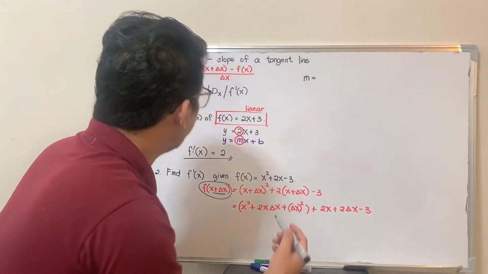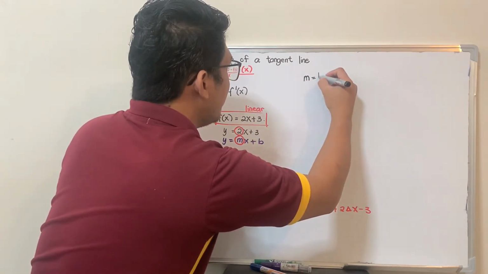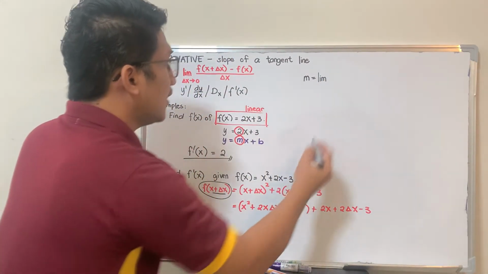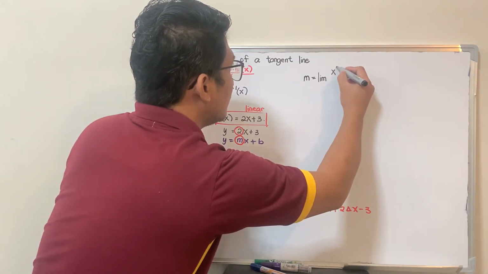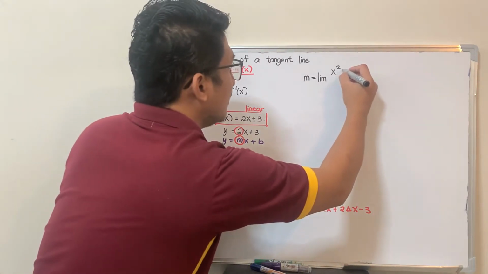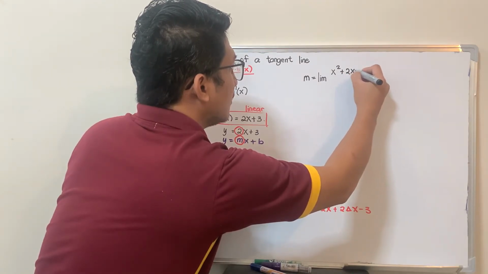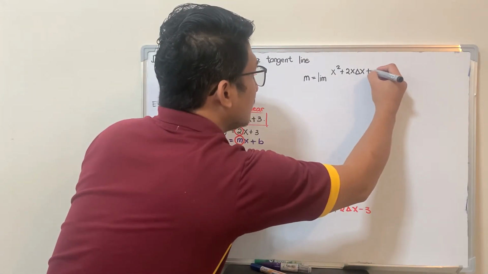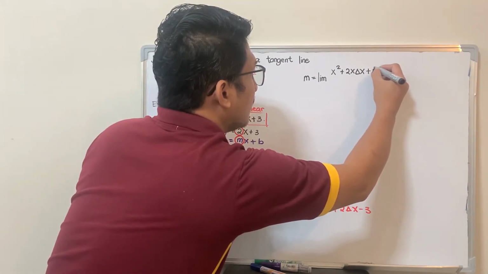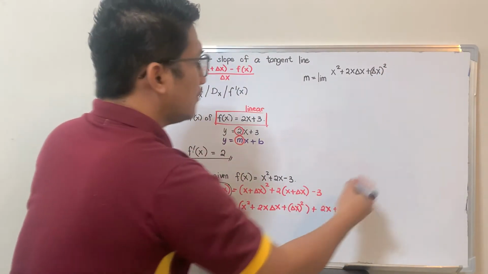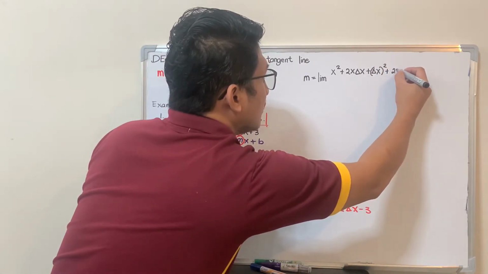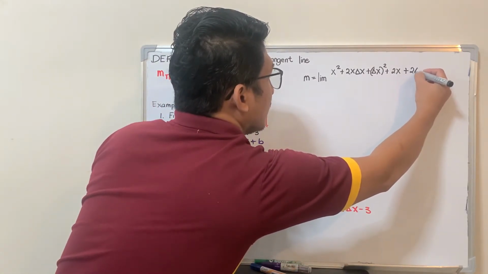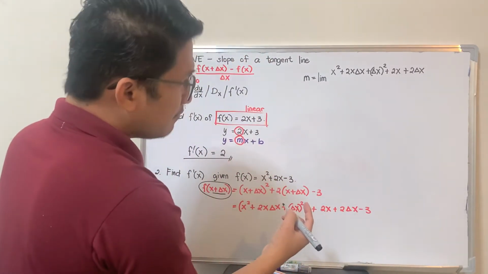You will come up with the limit of x squared plus 2x delta x plus delta x squared plus 2x plus 2 delta x minus 3.